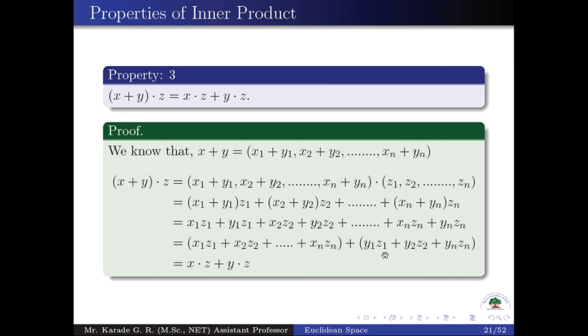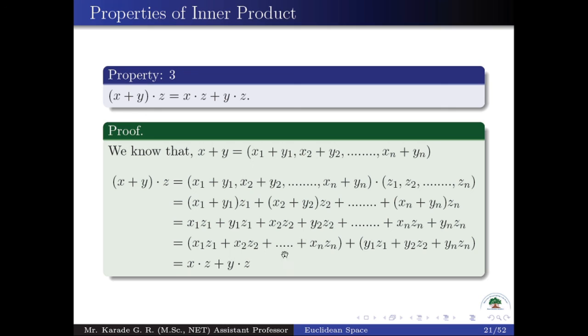Plus, now collect the terms containing yi's and take them together in a bracket. The first term is y1 z1, plus the second term y2 z2, plus dot dot dot plus yn zn.